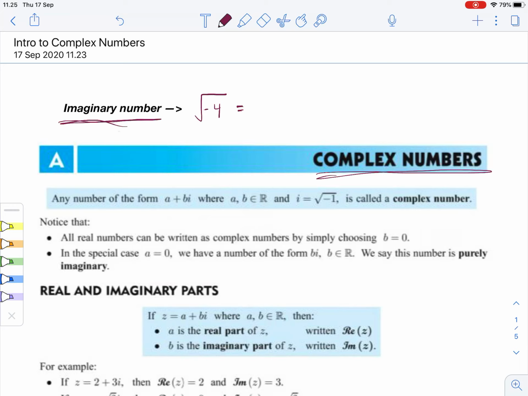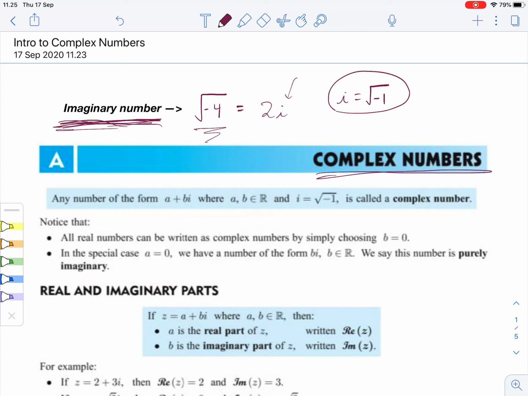However, mathematicians said, you know what? Let's just make up something. Let's just say that there is an answer to this right here. And let's say that the answer to this is 2i. You might ask, well, what's i? Well, i is equal to the square root of -1.